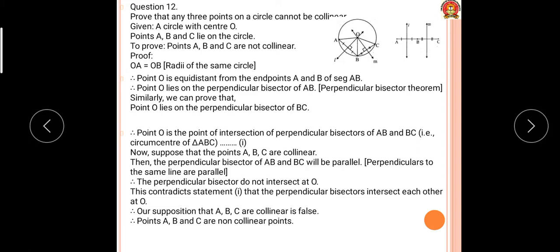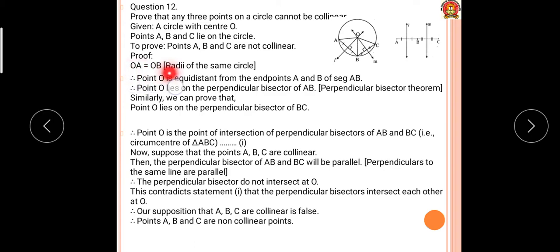If all these 3 points are on the same circle, then they are not collinear, we have to prove. Is it possible, students, for them to lie on the same circle and be collinear? It is not possible. We can't construct a circle from 3 collinear points. Okay.